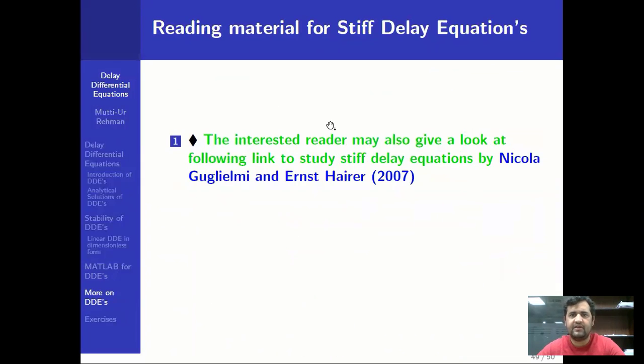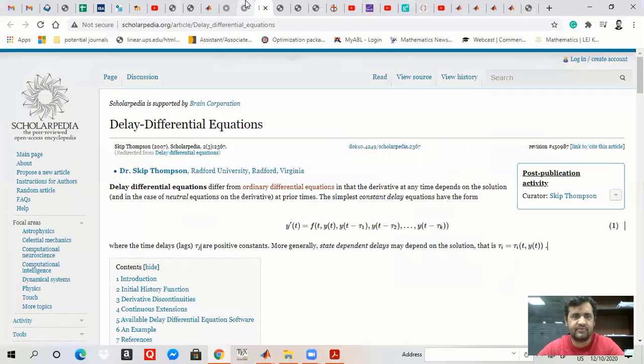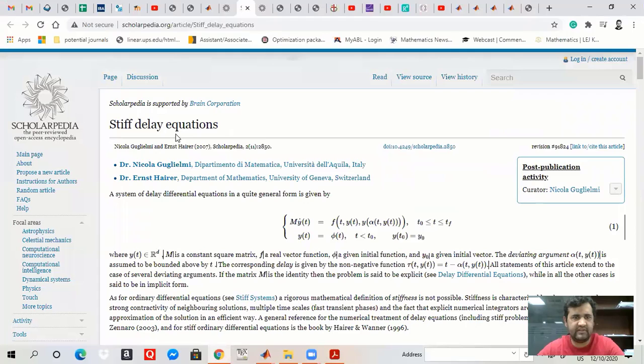I would also like to recommend you look at this topic as well. This is about stiff delay differential equations. If you visit this page over here, this is about stiff delay differential equations, by my PhD advisor Guglielmi in collaboration with Ernst Hairer from the University of Geneva in Switzerland.